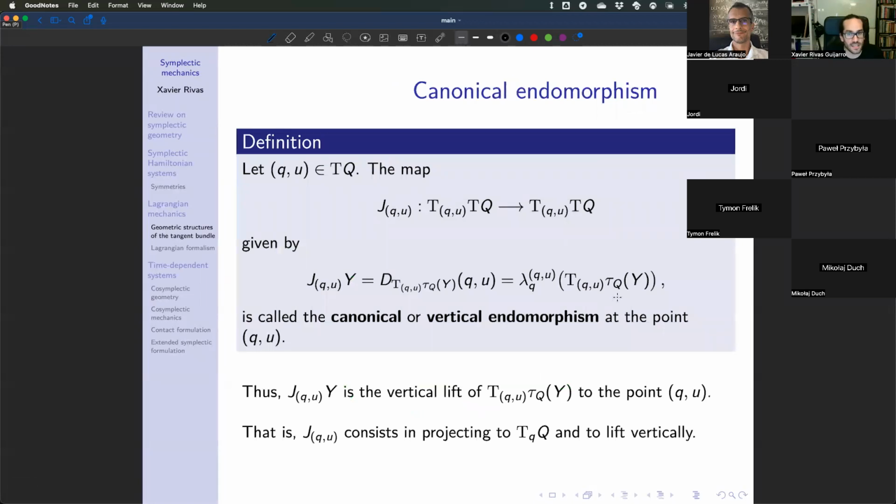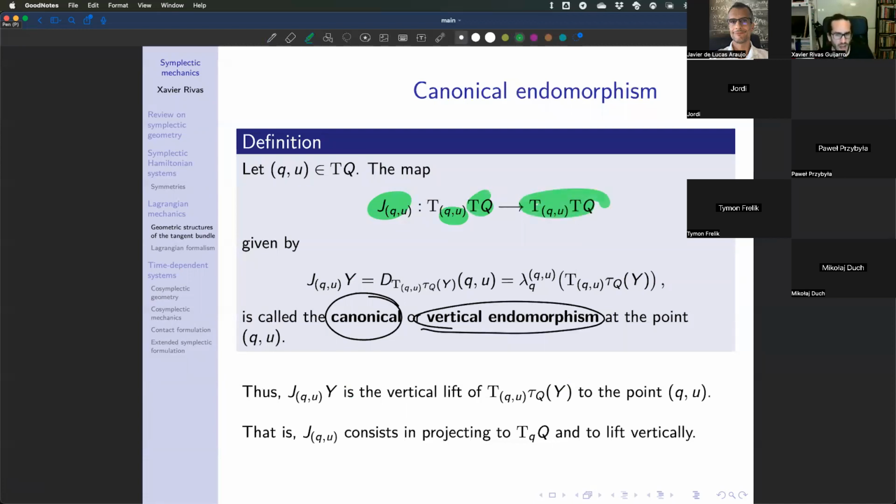And with all this, we are able to construct this canonical or vertical endomorphism here. And what's this? This is a map J going from the tangent space at a point (q, u) of the tangent bundle TQ to itself. How?